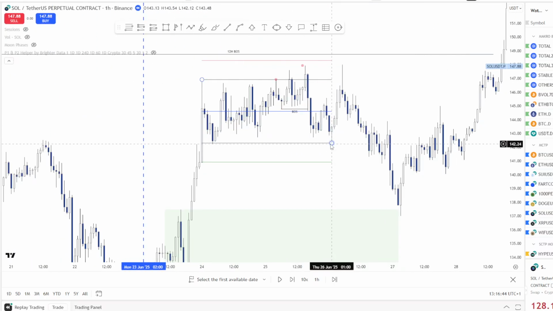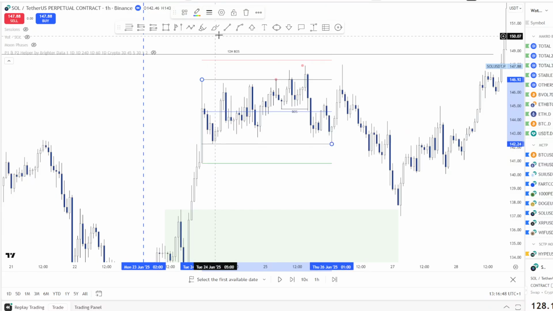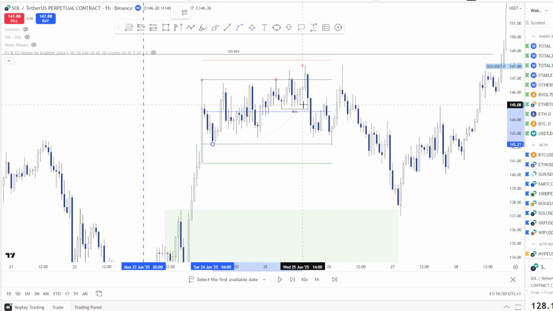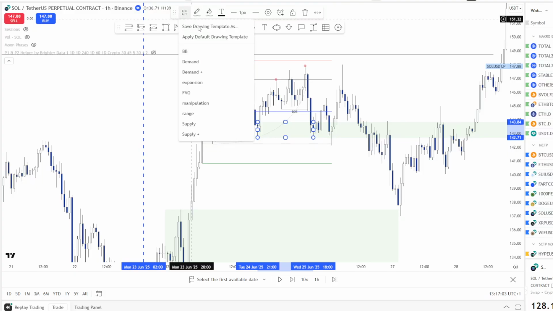And you can already see a pretty nice curve going up. I can see a relatively higher time frame demand.